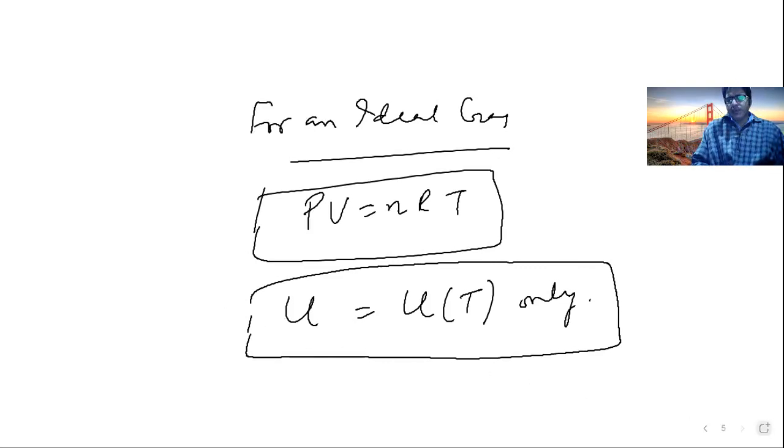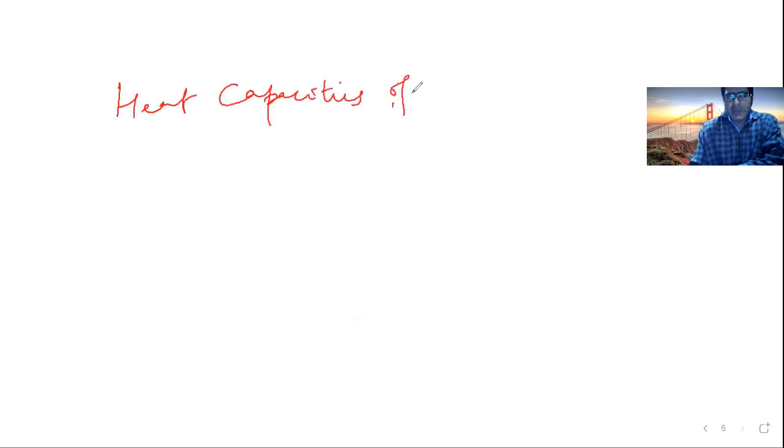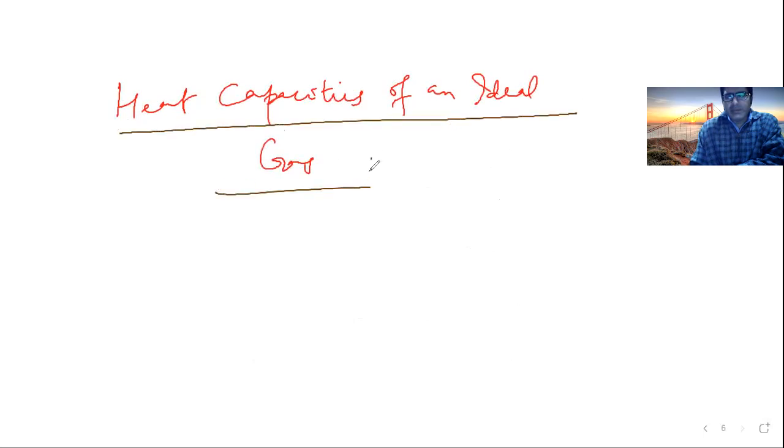Next topic, heat capacities of an ideal gas. Remember the definition and symbol.